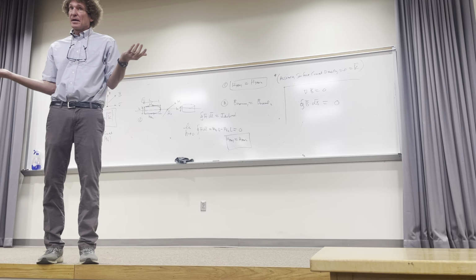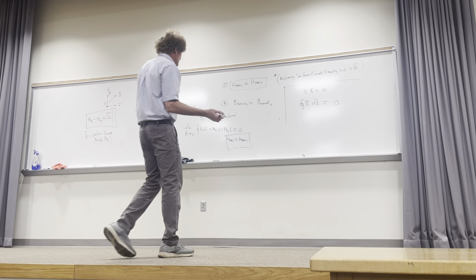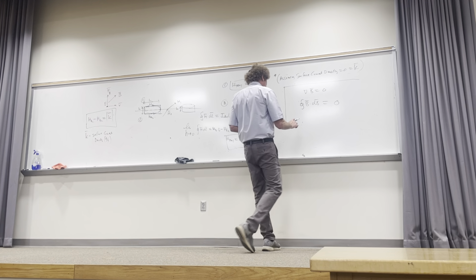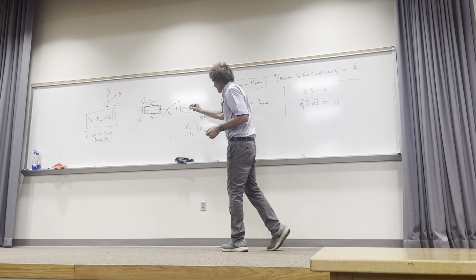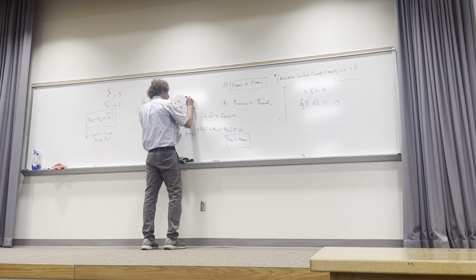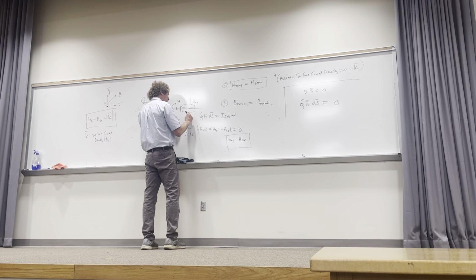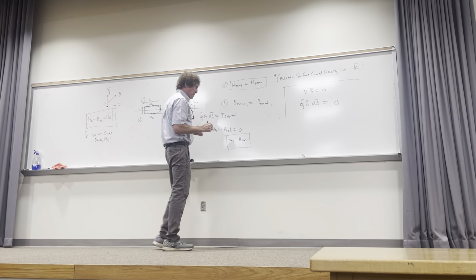Do y'all follow? Now, what they'll do here is say, if I take the limit in this situation, here's B normal in region 1, and here's B normal in region 2.